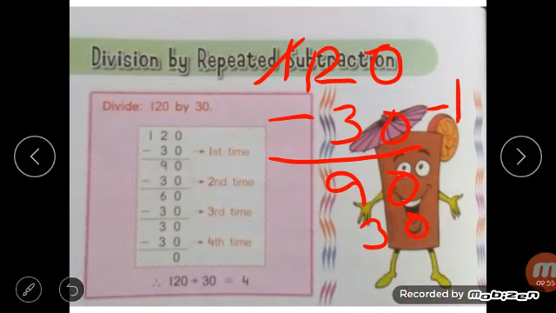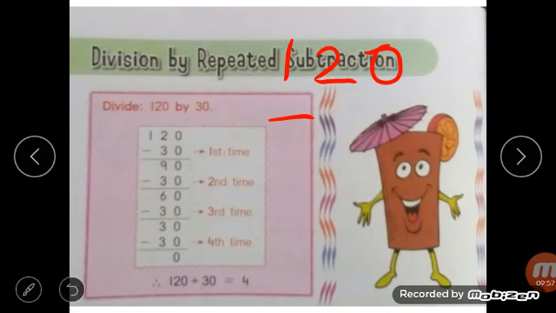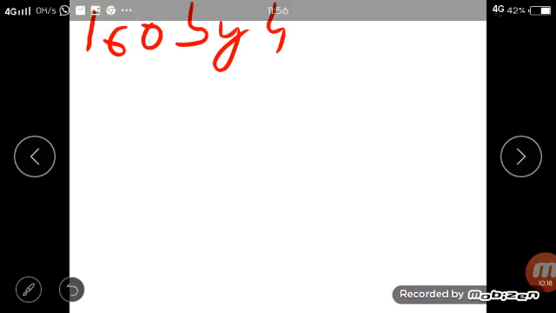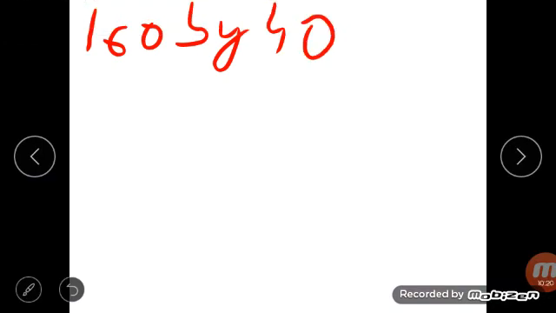Shall I do one more for you? Okay, I am doing one more question from your book. The question is 160 by 40.